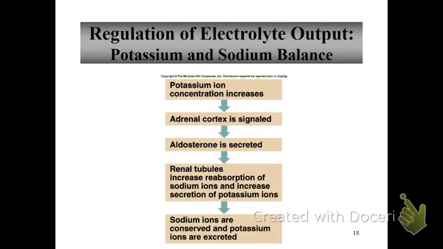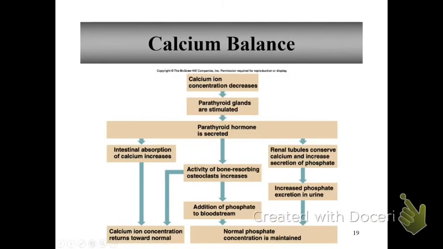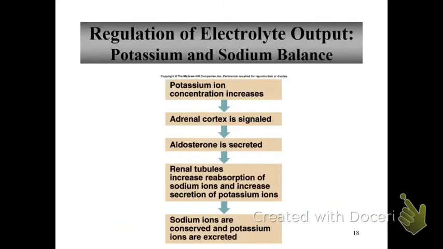Okay, so here's a picture that shows your electrolyte output. It's a diagram here. But if your body needs sodium, it's going to excrete potassium to maintain it. It's all about the charge. You want to keep your cells at a certain charge, especially neurons. They have to have that negative 70 charge. You probably remember from 201. But the potassium ion and the sodium ion are going to be switching up.